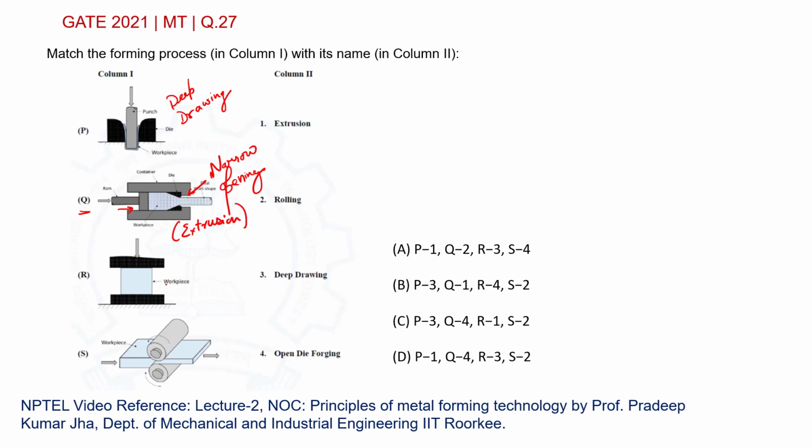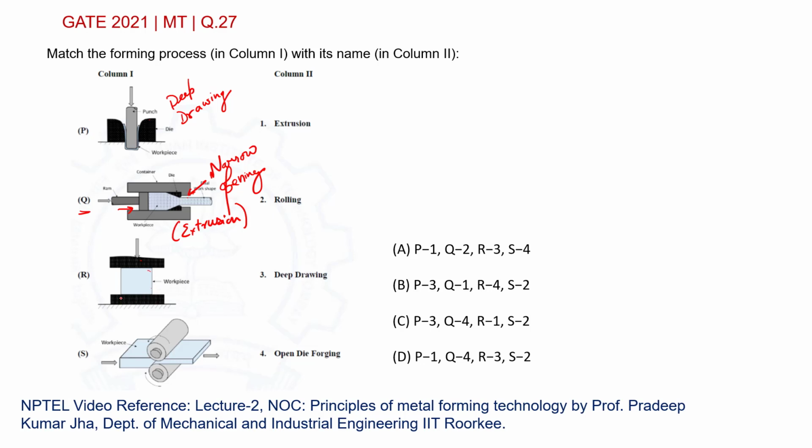Now, looking at the next process, here you can see the workpiece is subjected to compressive stresses in one direction, and under this compressive load, the workpiece tends to change its shape.